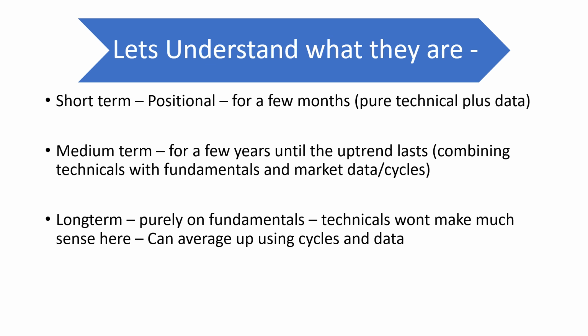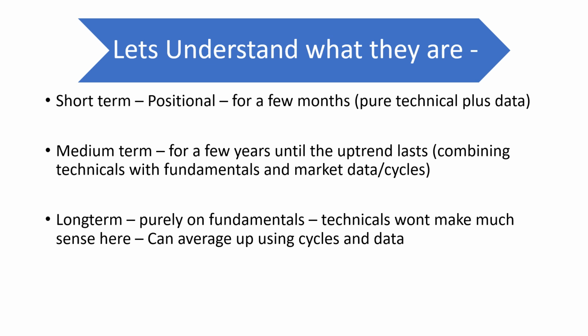We combine technicals with fundamentals. Fundamentals are important because to know which are the best stocks that can give you 5x or 10x kind of returns, fundamentals are important. So you combine both technicals and fundamentals with the market data and cycles to play the medium term. Your horizon here is, let's say, the next 2, 3 years.